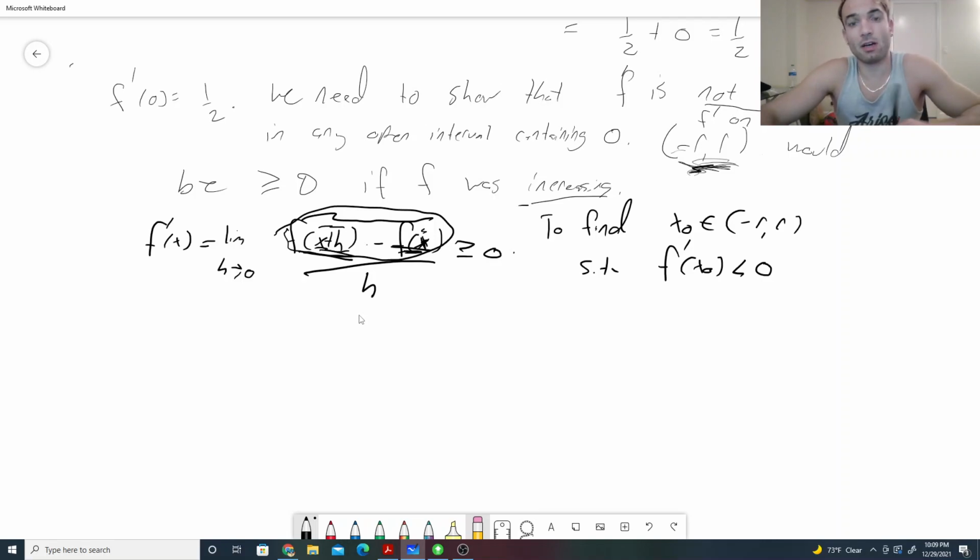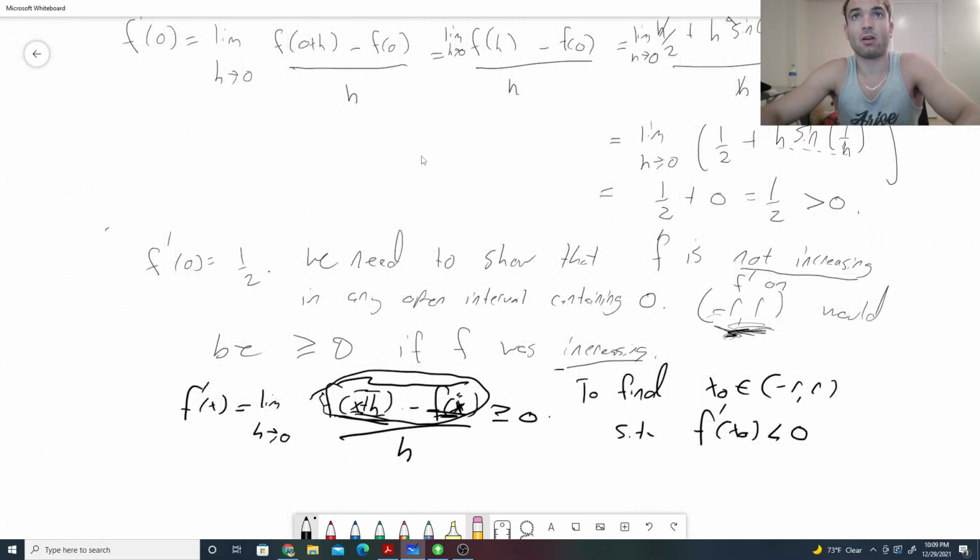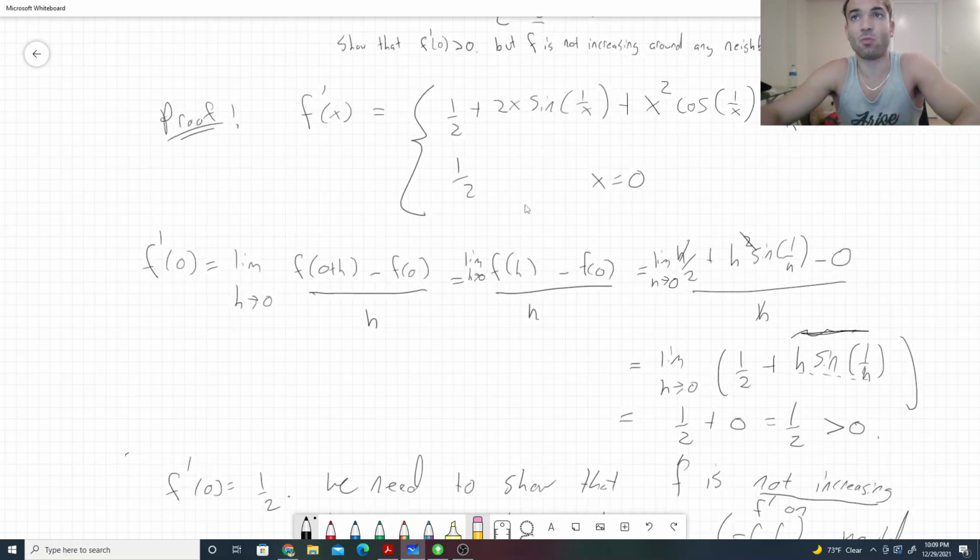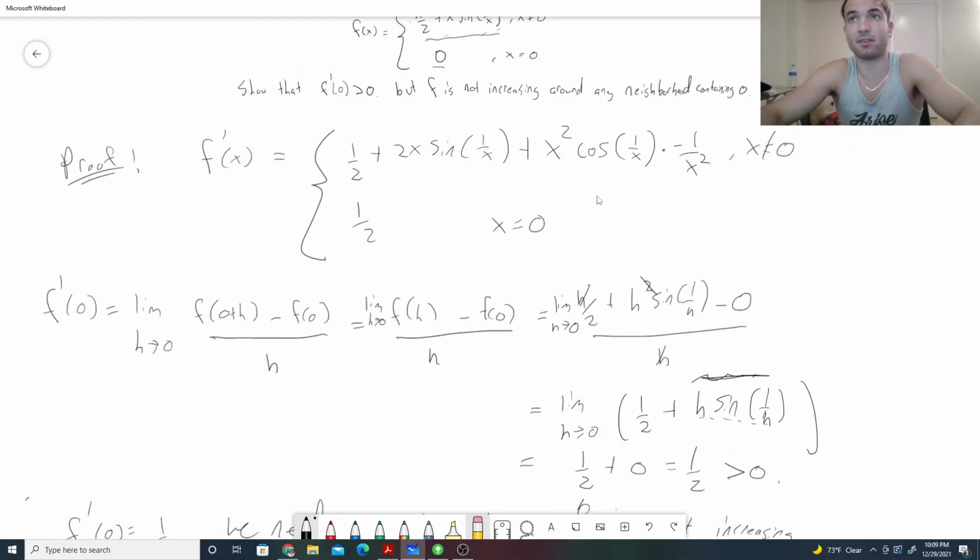So if we look back up at what our derivative was, it's this piece here, really, away from 0. So no matter what the r is, well, let's first clean this up.